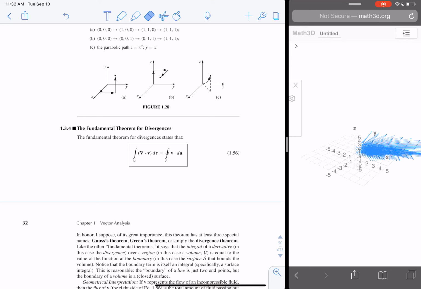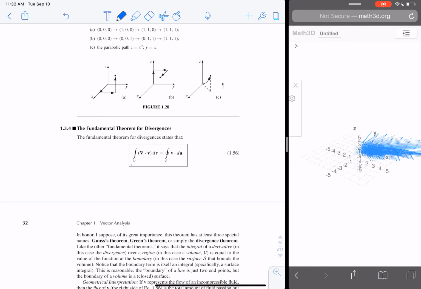So that basically says that the flow out of a point is equal to the flow through a surface. Okay, so that relates the two. If you add up all the vector fields in a volume going through a surface, they're the same. And that makes sense. If you know how much water is coming out of your hose, you should measure the same amount of water going through a screen, for example.